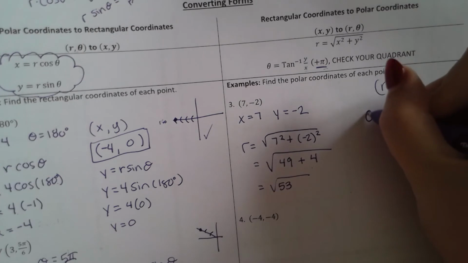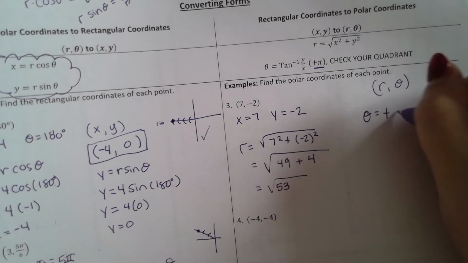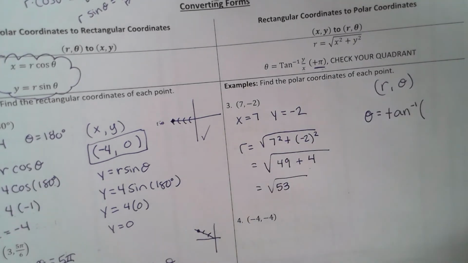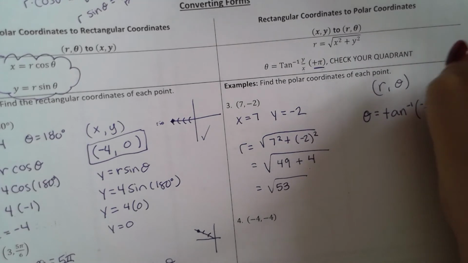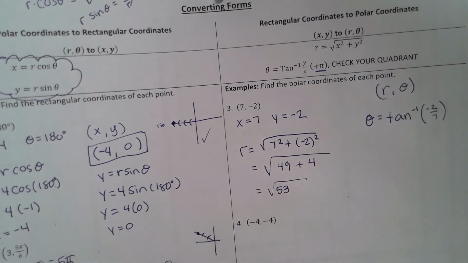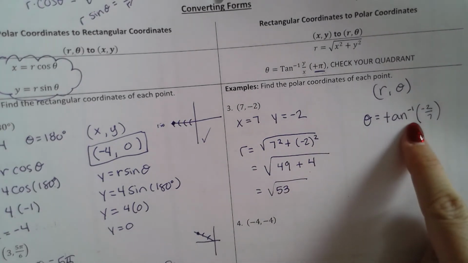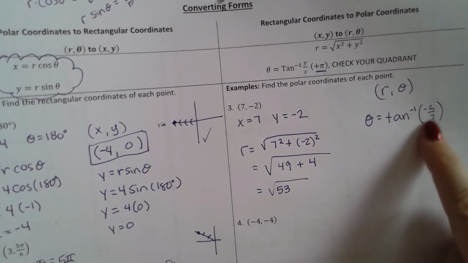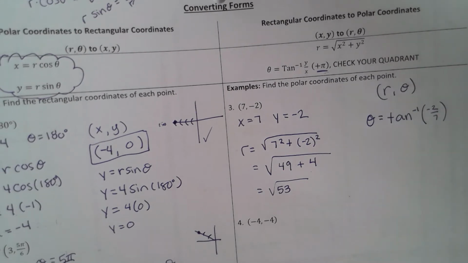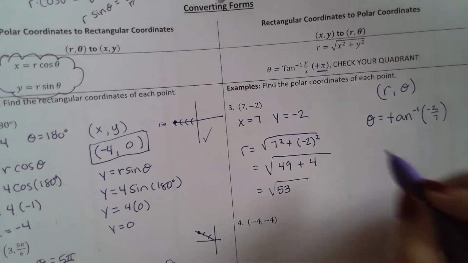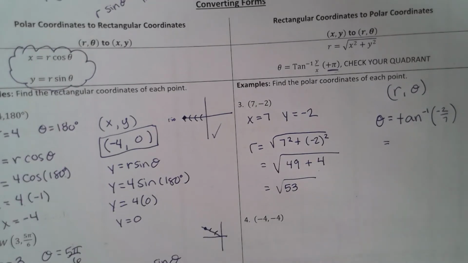Okay, so for theta, we'll use tangent. So tangent inverse of y over x. Now ask yourself, can I do this without using my calculator? Is 2 over 7 on the unit circle? 2 over 7 is not on the unit circle, so I'm going to have to use my calculator here.